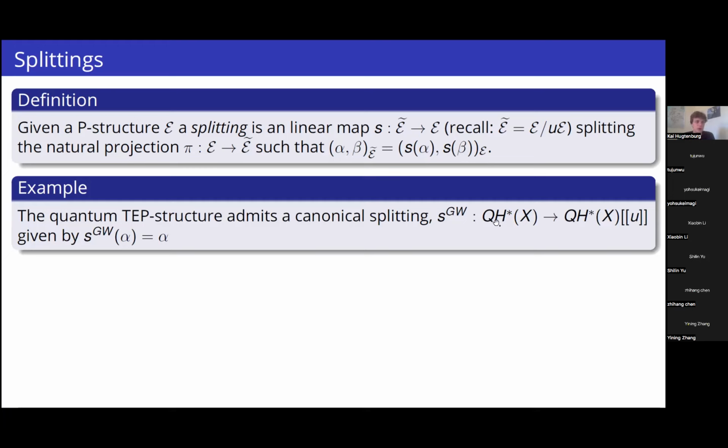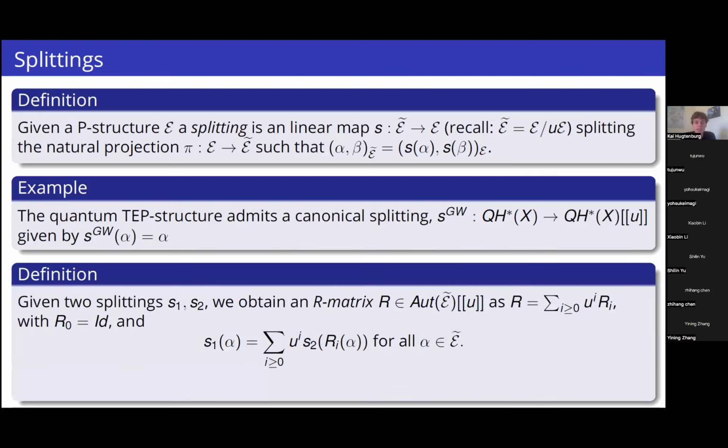In this case, E tilde is the quantum cohomology of X, and E is the quantum cohomology of X adjoining the formal parameter U. We take an element alpha and map it to alpha times U to the power 0, which is naturally a splitting, and it's easily seen to respect the pairing.